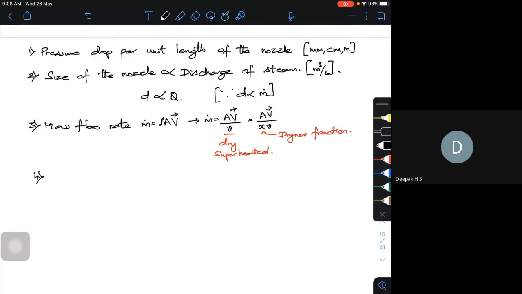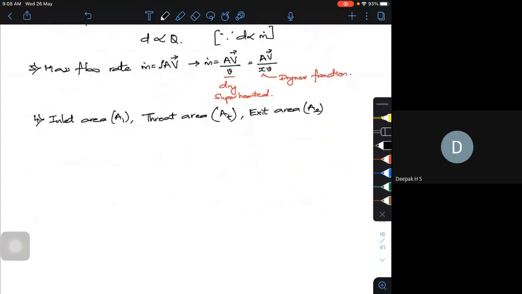Your inlet area, if I call it A1, then throat area, it can be A T or whatever it may be, and your exit area, A2. If I call 2 the throat, I can have 3 as this particular section.